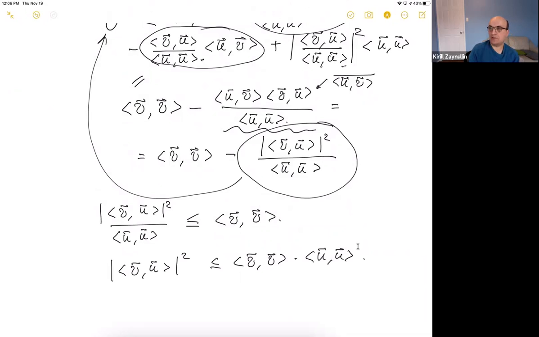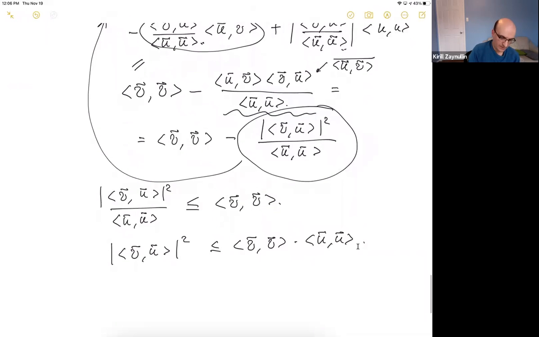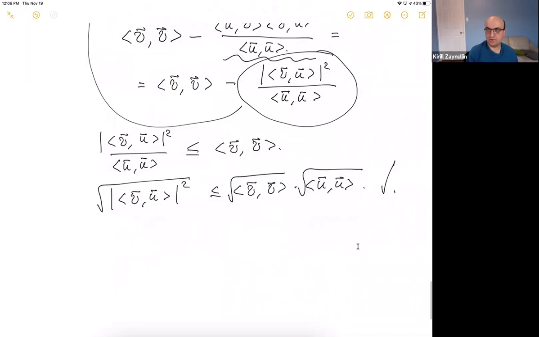Don't forget that we multiply by a positive number, so the inequality stays. And then finally we are finished. Now just take the square roots of both sides, and we are finished. Right? Okay, so that's the Cauchy-Schwarz inequality.